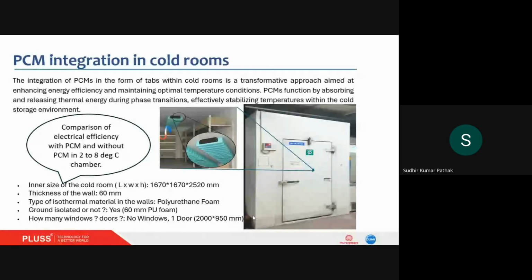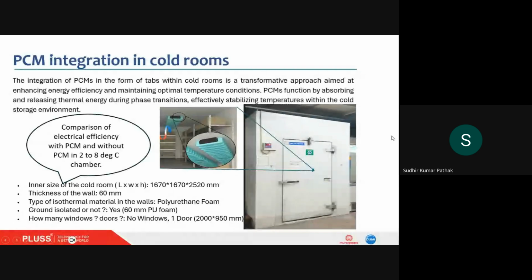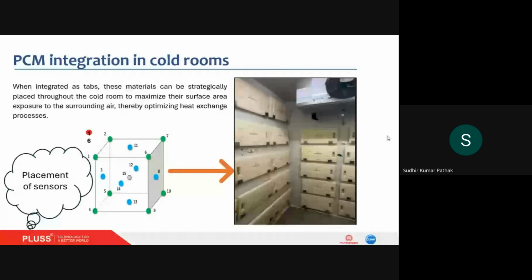That's how we can integrate the PCM in cold rooms, and it will help to maintain a stabilized temperature during heat ingress, frequent opening and closing of doors, power outages, or maybe the failure of the refrigeration system for a few hours. In all these conditions, we can maintain the space temperature and save our product.